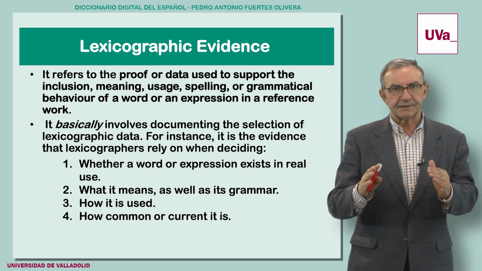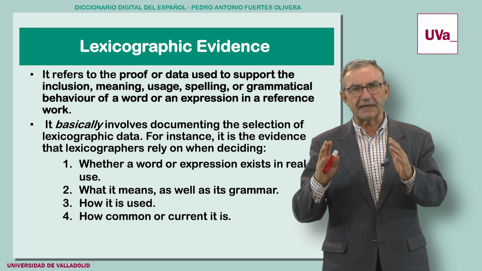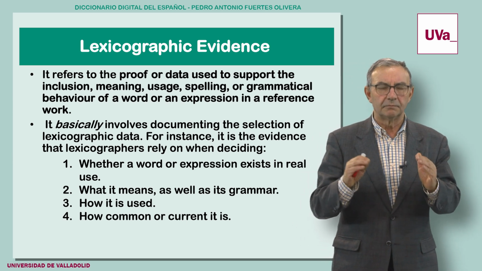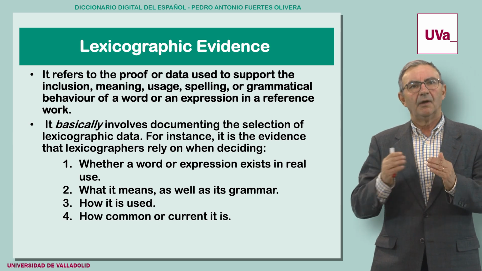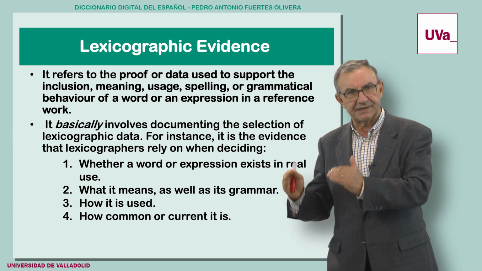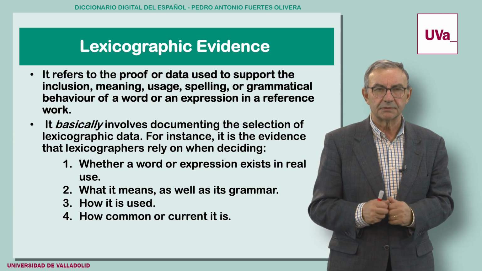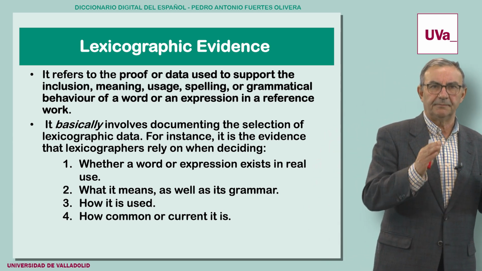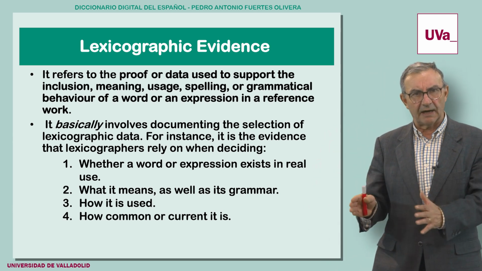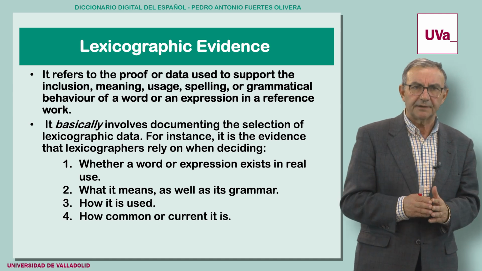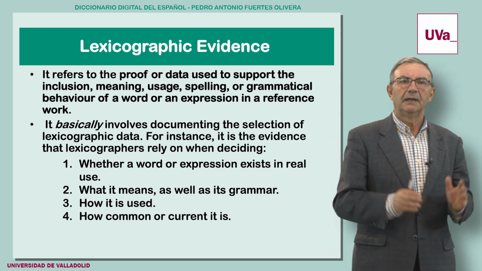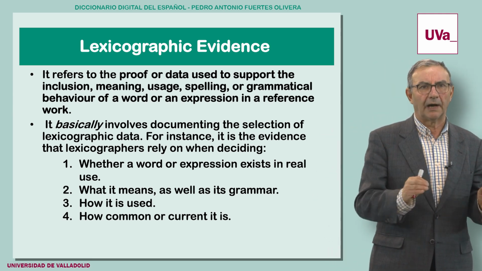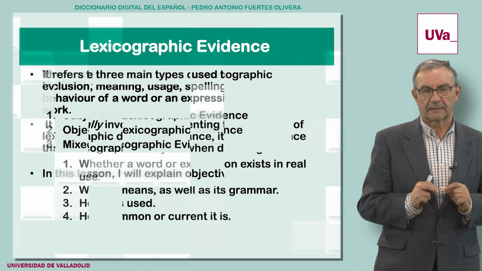In other words, it is the evidence that lexicographers rely on when deciding, for example, first, whether a word or expression exists in real use, second, what it means, as well as its grammar, third, how it is used, and fourthly, how common or current it is.